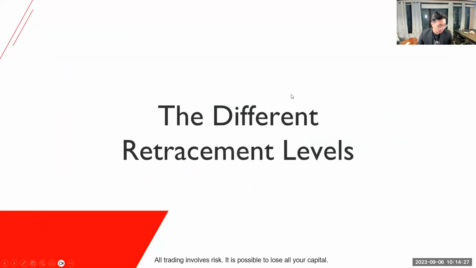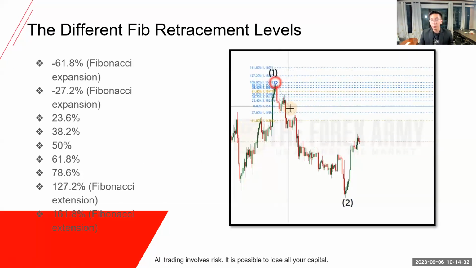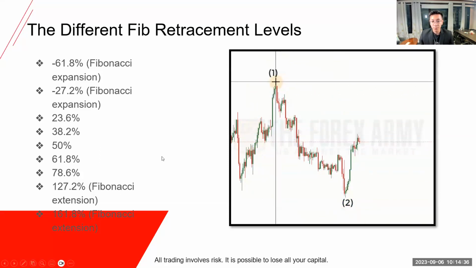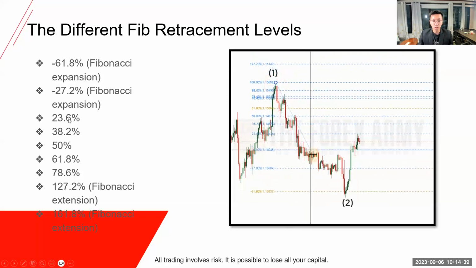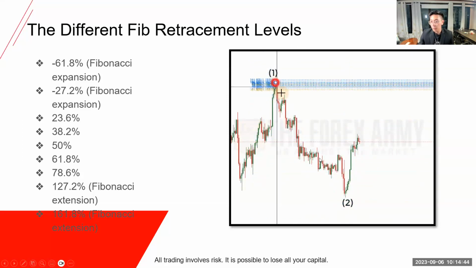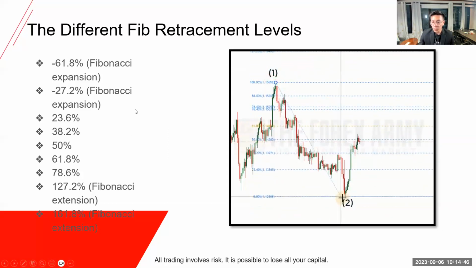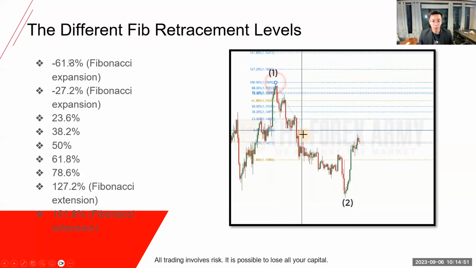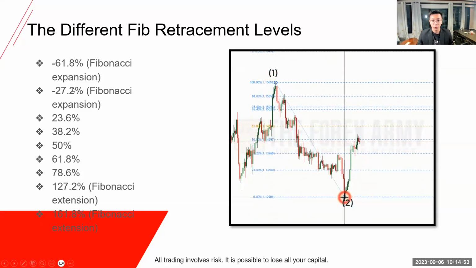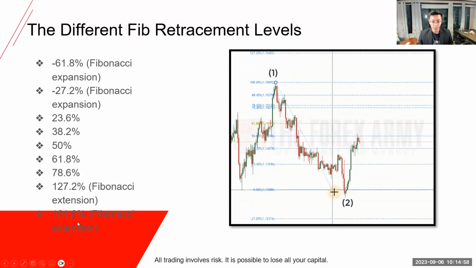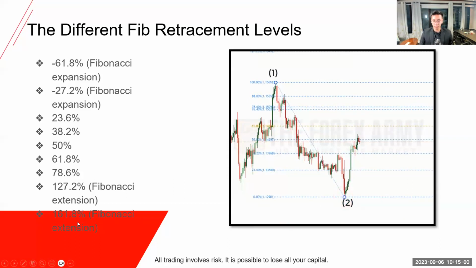So what are the different retracement levels? The different fib retracement levels go from 100% to 0%. We can see there is the 23.6, 38.2, 50, 61.8, 78.6. Your extremes are your expansion levels: negative 61.8, negative 27.2, and then we have your extension levels, 127.2 and 161.8.